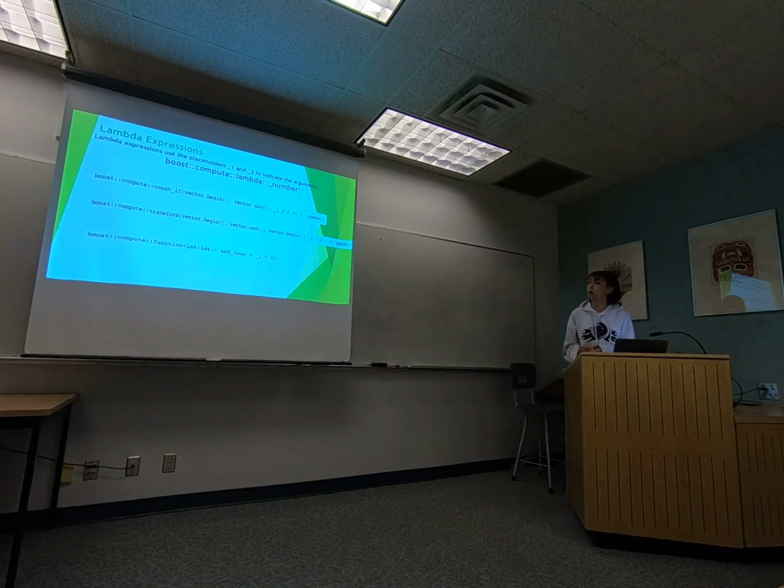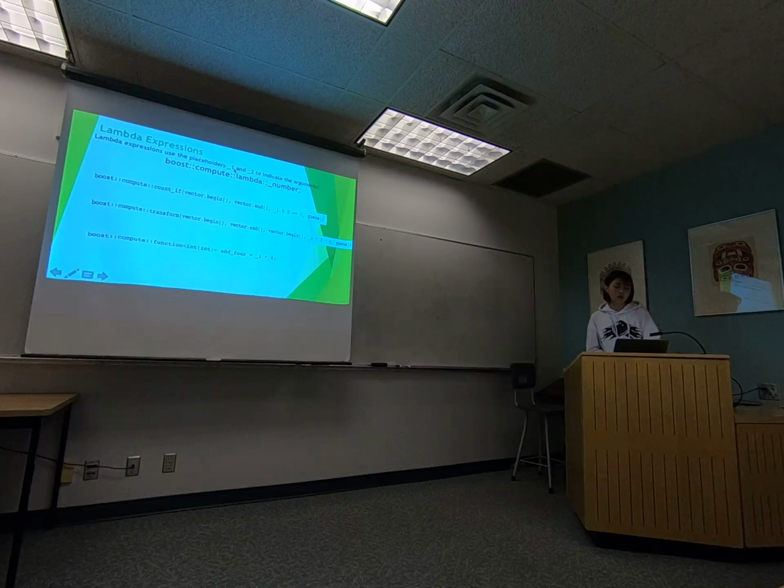Next is Lambda Expressions. Lambda Expressions use underscore plus number to indicate the arguments, like the format here. The following examples show how to use Lambda Expressions along with the Boost Compute calculation.